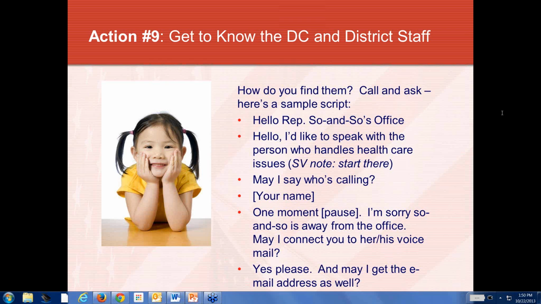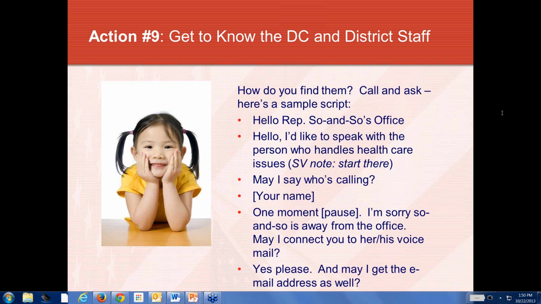The DC staff are probably the ones who are going to handle the policy issues, and those are the ones who are going to see the letters that you're sending through the email system. But calling them is also a really, really effective way to get your message across and makes it even more personal. So it's really simple.